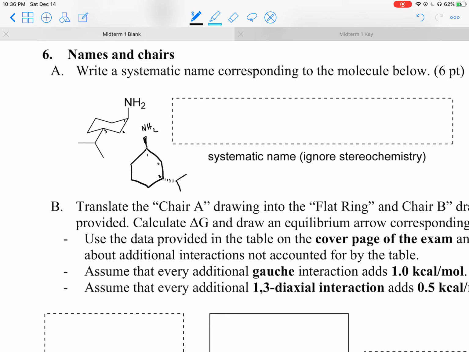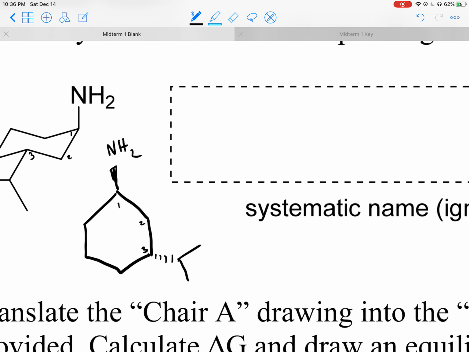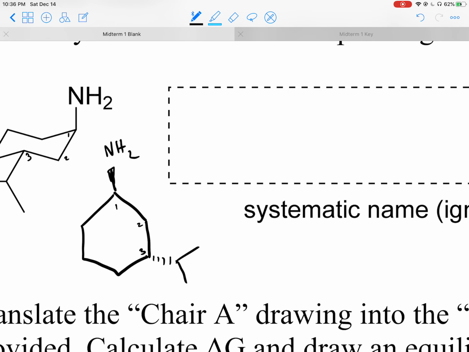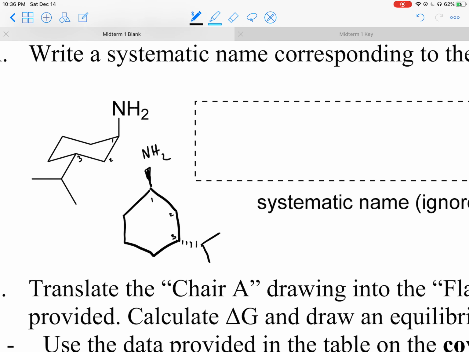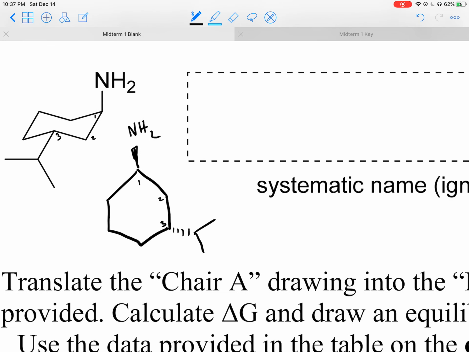So the amine takes the first priority. So we're going to have amine at the end. We don't have anything else that's not just a regular alkane. There's only one carbon group attached to the amine. The others are hydrogen, so that's part of the priority with the amine, and it's a hexane or cyclohexane, right?